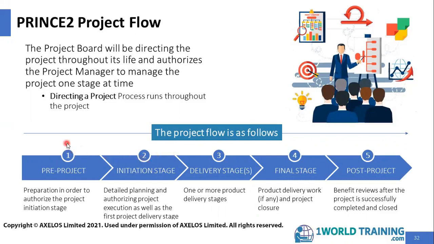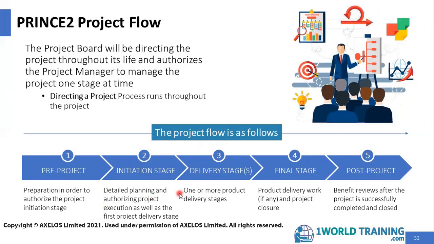A PRINCE2 project always has a pre-project work. This is the preparation for the project in order to authorize the project initiation stage. The initiation stage is the detailed planning and authorizing a project execution, as well as the first project delivery stage. What this means is, in the initiation stage, the detailed planning is done and 2 things are authorized. The project execution is authorized and the first project delivery stage is also authorized.